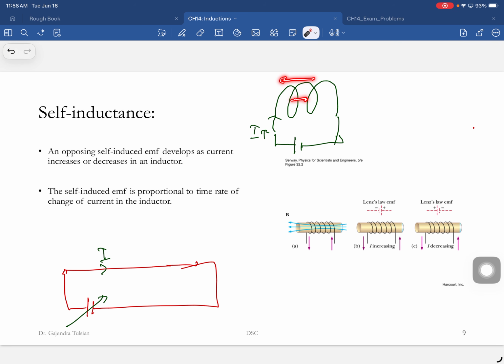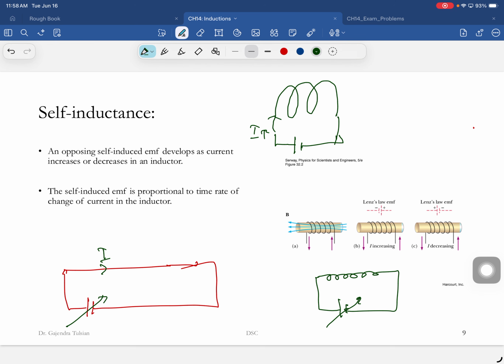The EMF is in the opposite direction. It's trying to fight an increase in the current. Now, you took the same wire, wound it up into a solenoid. If you crank it up, this coil is going to fight them. The same wire, its resistance didn't change. Now it's acquired a property that it doesn't like changes in currents.